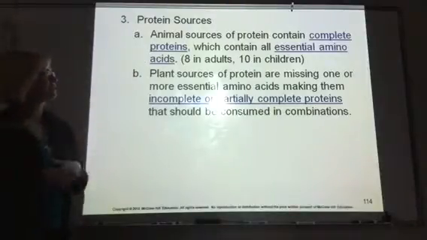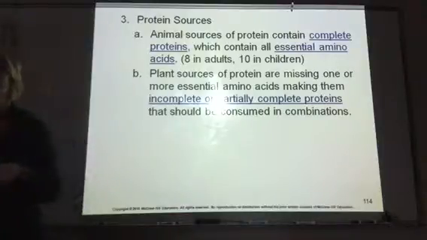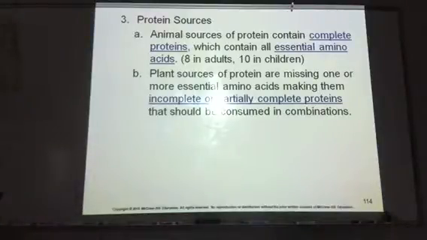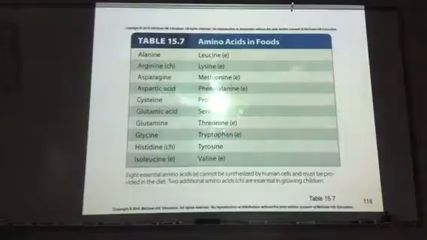Plant sources are typically missing one or more of those essential amino acids. So they're incomplete or partially complete. Therefore, if you are a vegetarian, you need to know about the proteins that are provided, and you need to eat a combination to make sure that you're getting all of your protein sources.